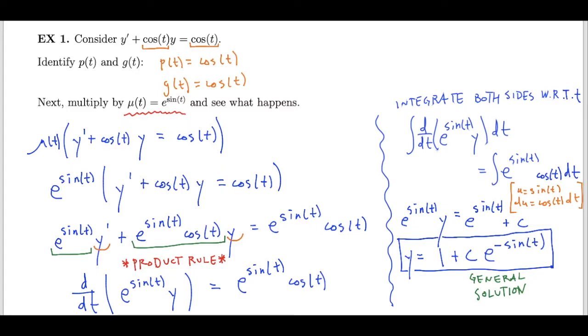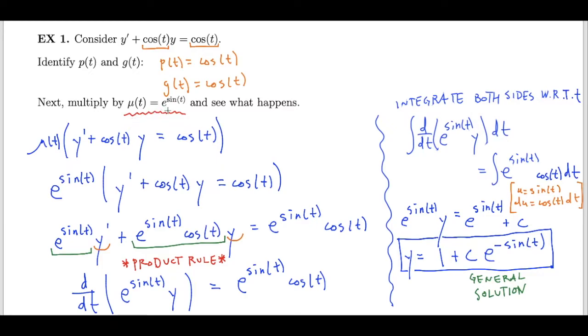Before we move on and try this again, let me just recap what we just did in this example. We started with a first-order linear differential equation in standard form that enabled us to identify the ingredients p of t and g of t. And then we were provided with this sort of mysterious mu of t.